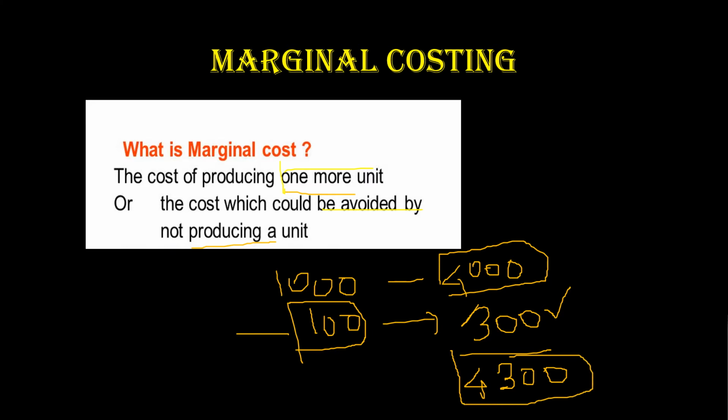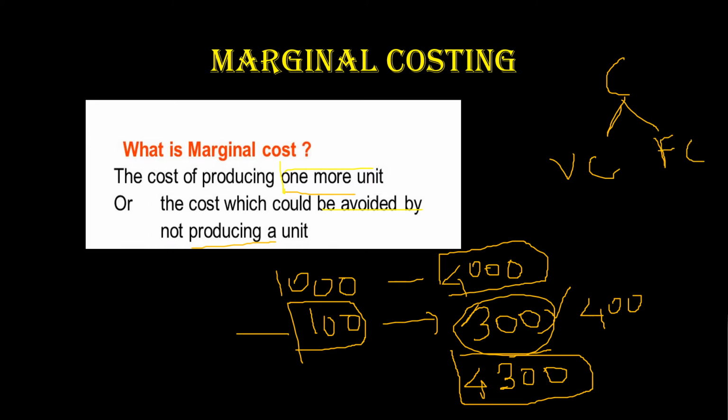You may ask that for 1000 units it is 4000, so for 100 units it should be 400. Why the cost is decreased here is, we know that cost is divided into variable cost and fixed cost. We know that if the production is increased, then the fixed cost per unit will decrease. So this is the concept why the cost is decreased here.